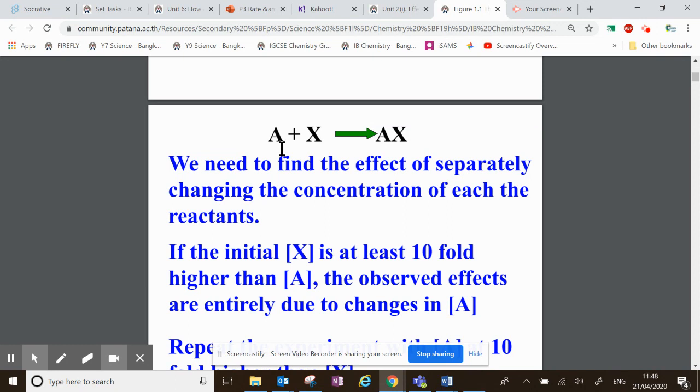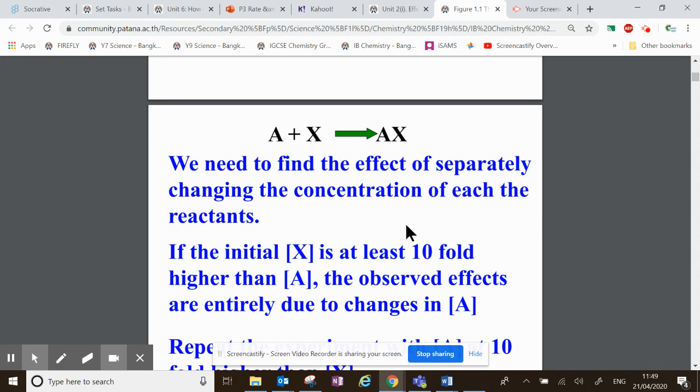If it's directly affecting the rate of reaction, we call it first order, the value 1. And if it has a very strong effect on the rate of reaction, we give it an order 2, and that's a second order. So what we're going to look at in this first few pages is how to establish the order with respect to A, how to establish the order with respect to X.